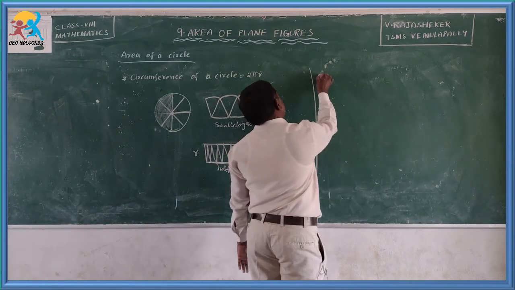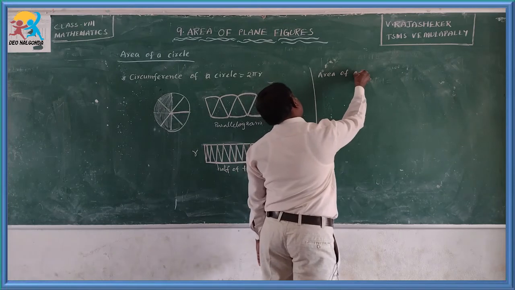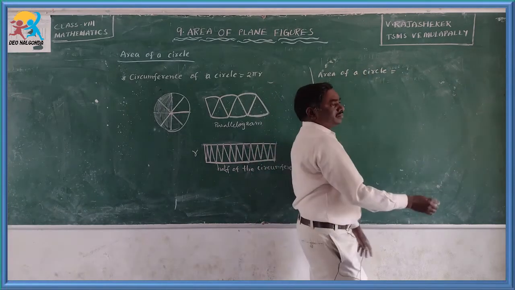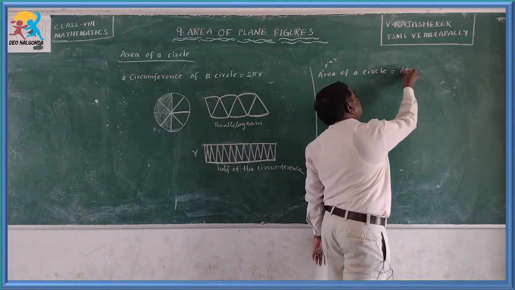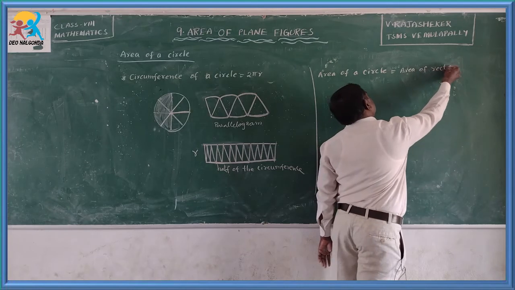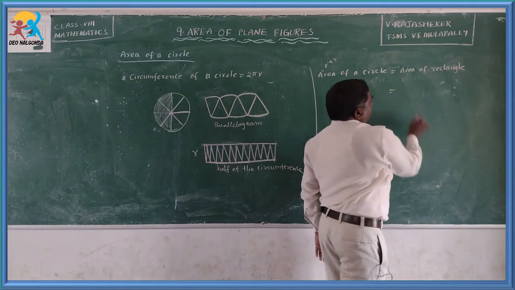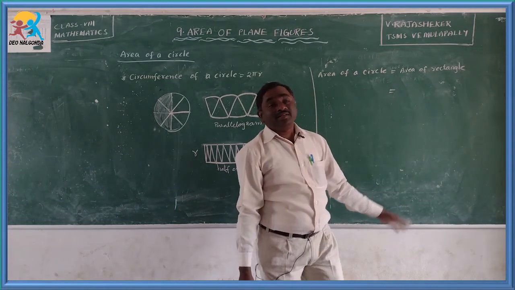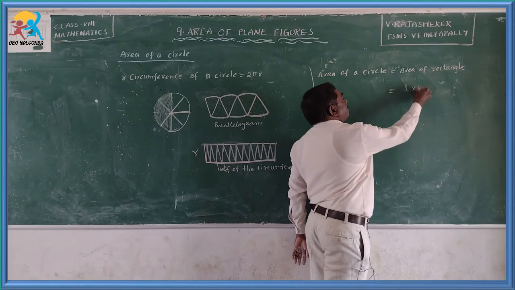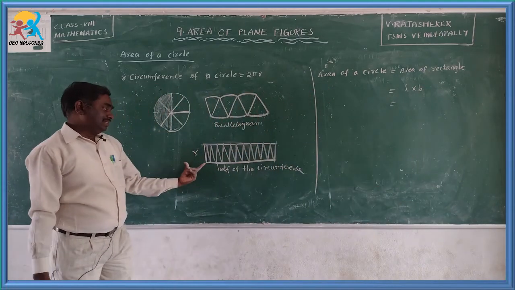So now area of the circle, what can we write? Equal to area of rectangle. So what is the area of rectangle? Area of rectangle is length into breadth, and here what is the length?